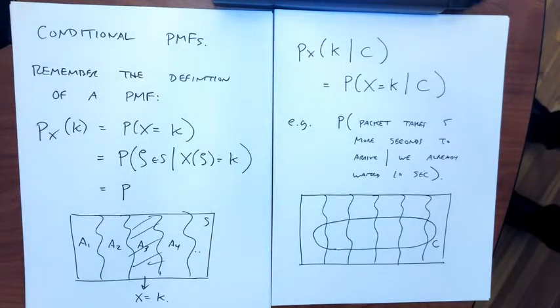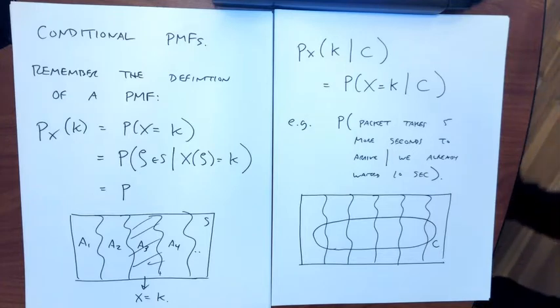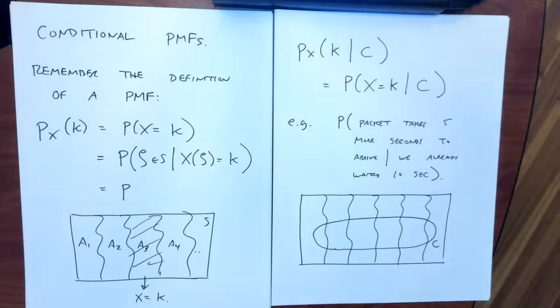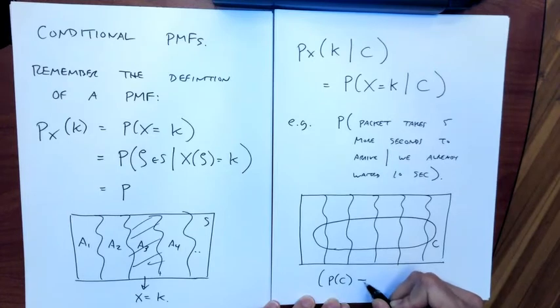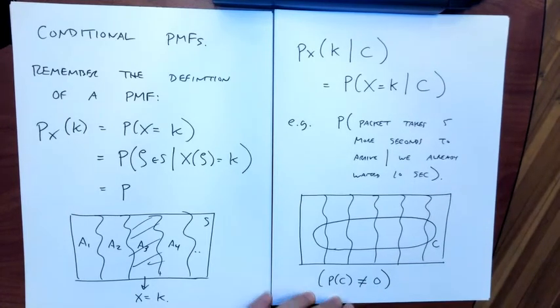Observing that this event C happened will change the balance of how high these arrows in the PMF are, okay? Now the probability of C has to be greater than 0 for this to make any sense. The condition has to actually be a possible thing, okay?